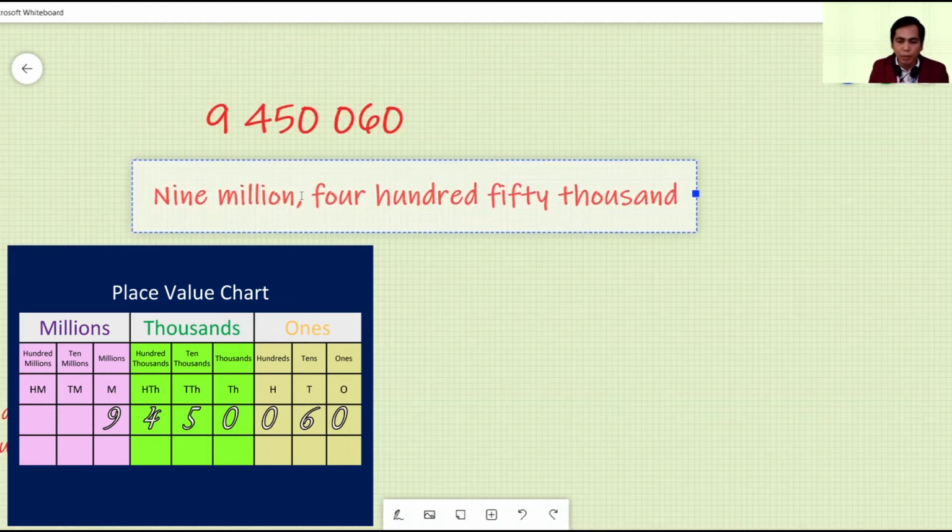And then we have 60, which is found in the ones period. So that's how we read and write this number. 9,450,060.